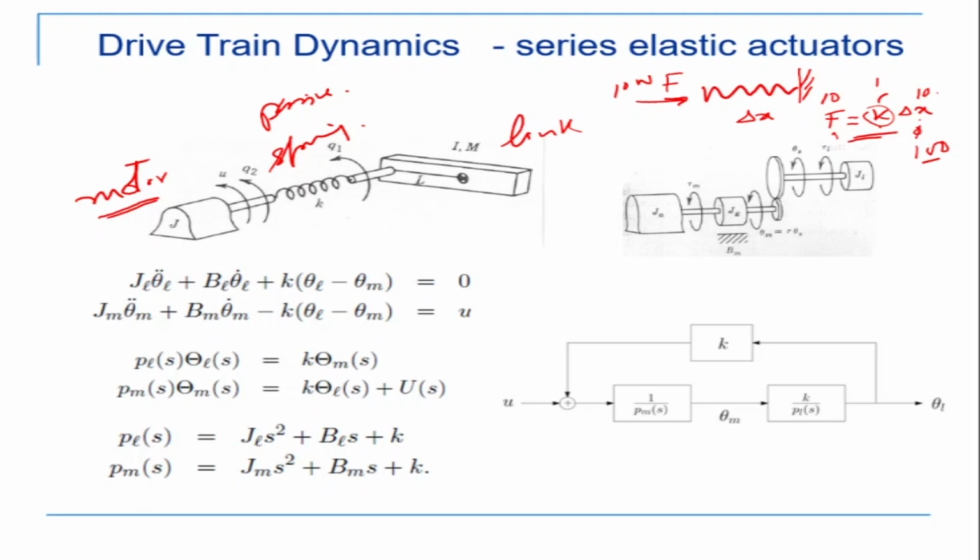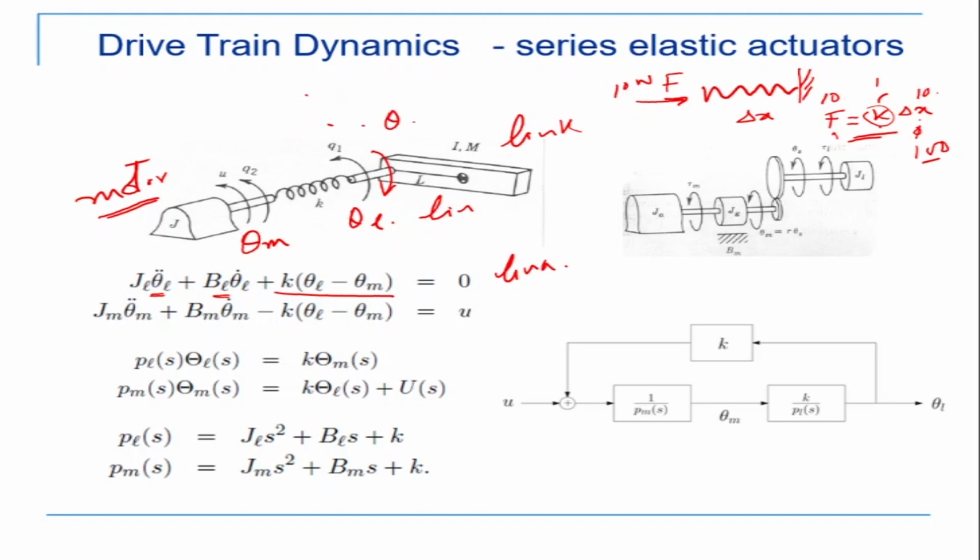We have two equations. One equation is from the link side. So link inertia into acceleration, where theta L is the link side and theta M is the motor side angle. So theta L double dot is the acceleration of the link, plus damping into the angular velocity, plus K into theta L minus theta M. So what is the effective deflection here?